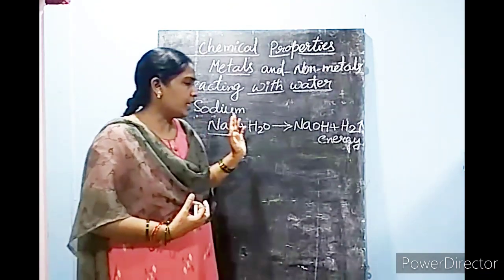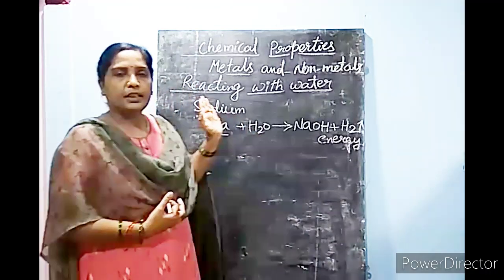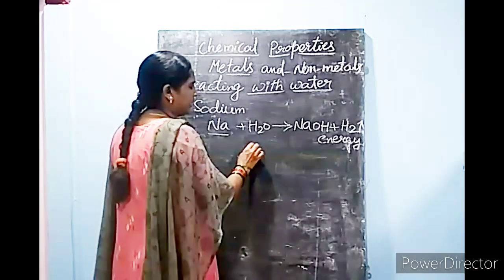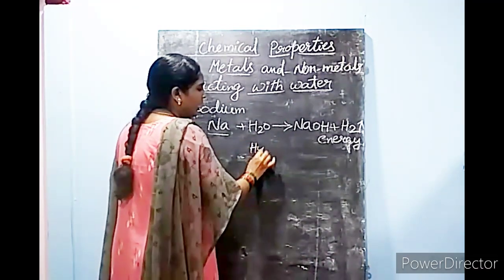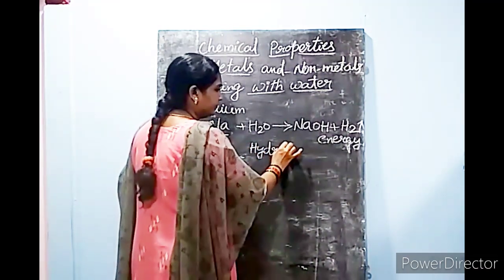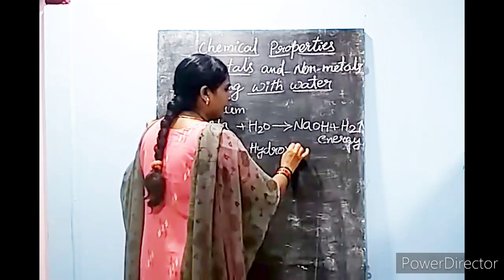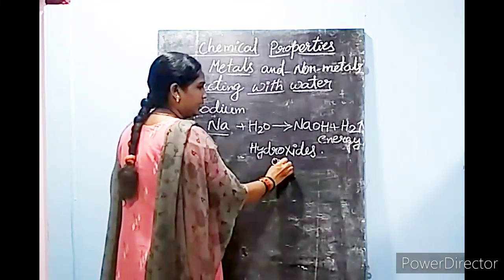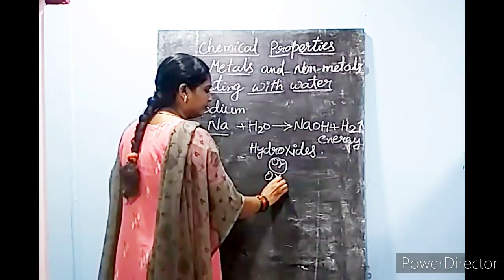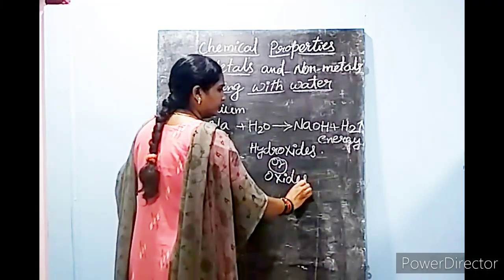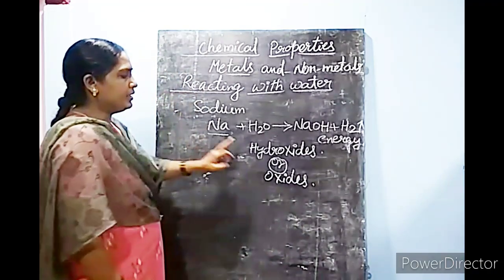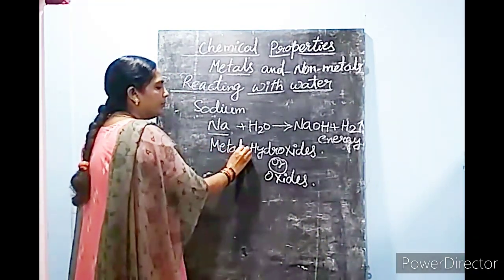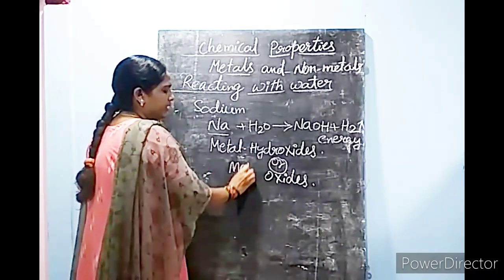So when metals react with water, they form their oxides or hydroxides. They form either metal hydroxides or metal oxides.